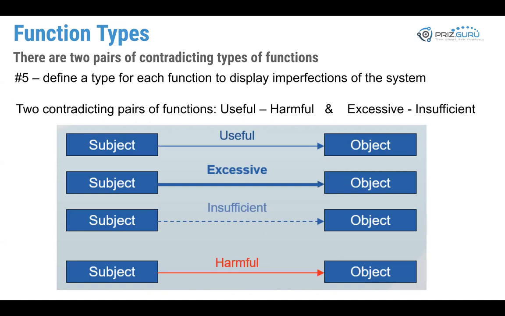It's all about what the system is built to do, right? Back to the engine example, it's built to spin a part, to move a part, right? Great. That is what it's built for. That cannot be harmful by definition. Now, how it performs, this is where the definition of excessive and insufficient comes in.